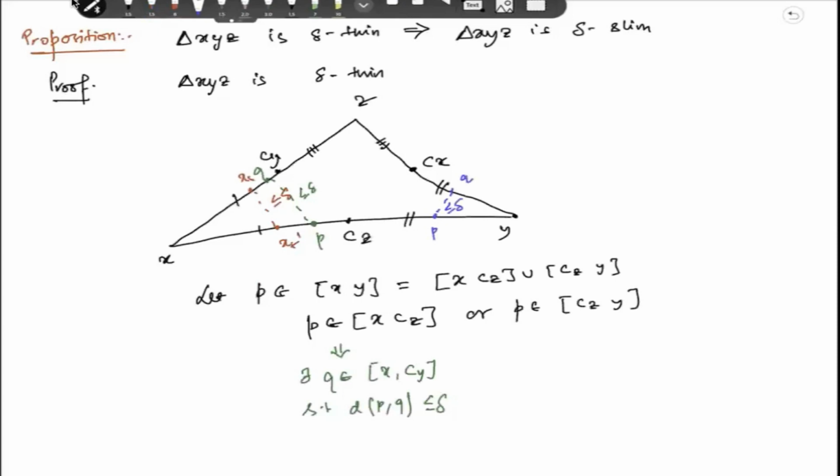So this follows from the thinness. So there exists Q belonging to this geodesic such that the distance between PQ is less than or equal to delta. Okay, so this part is easy. So if a triangle is delta thin, it will also be delta slim.